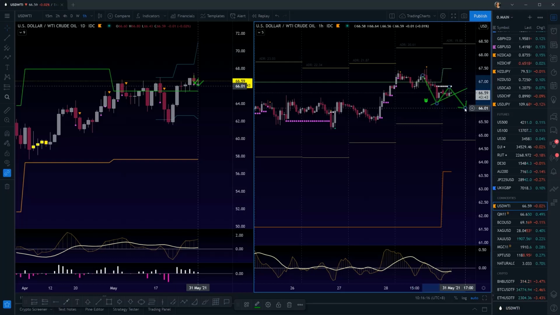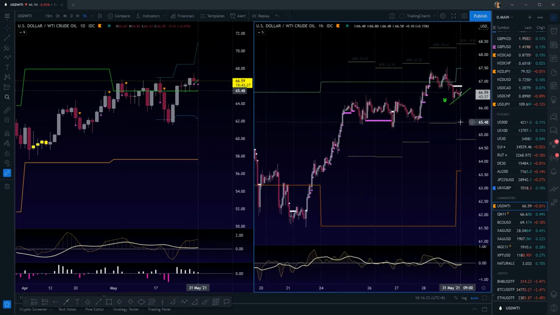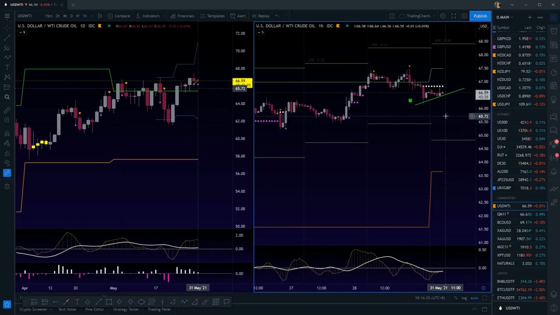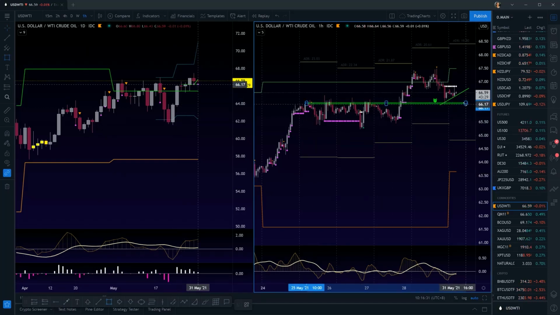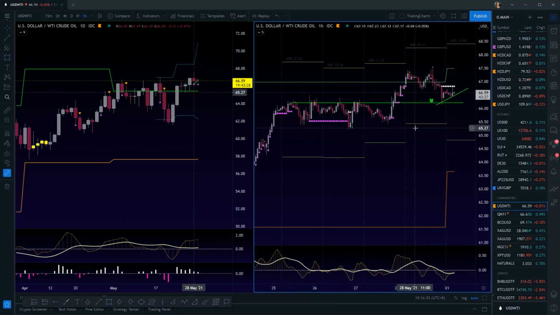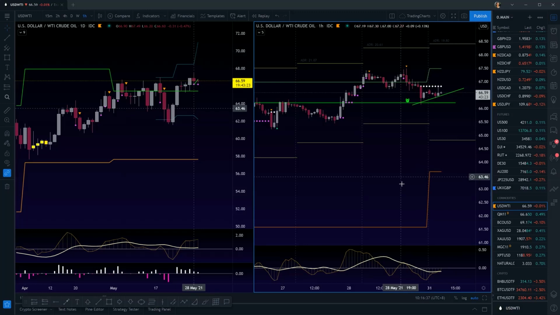Yeah, we've got this monthly level, so we just have to be careful. We'll be realistic with our targets. There's this flip zone here. Yeah, it might not even come down. It might just continue upside.